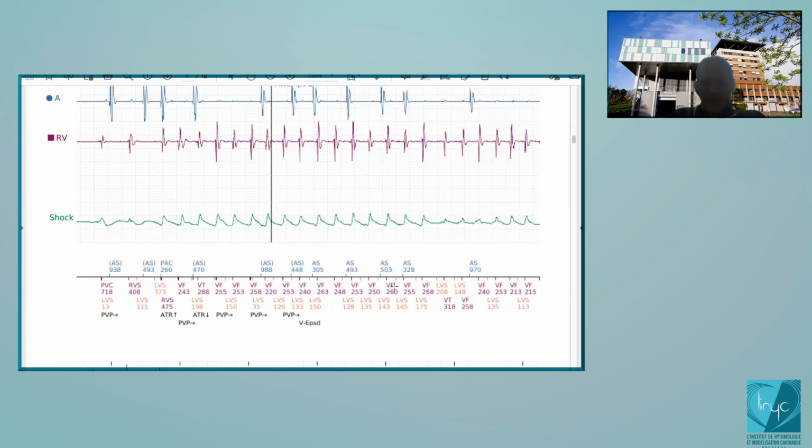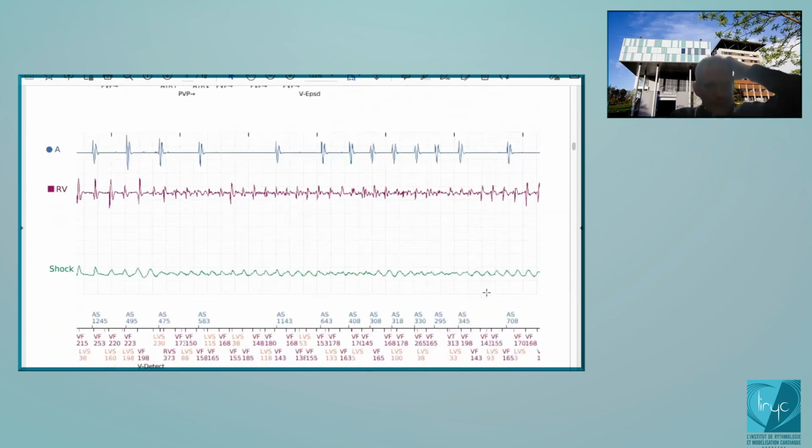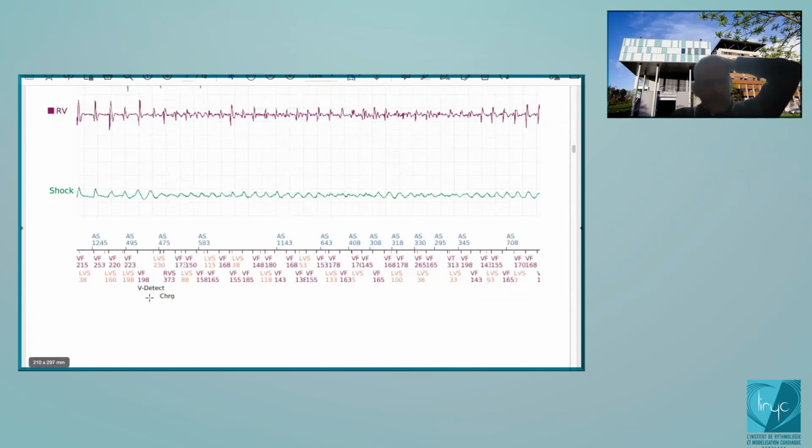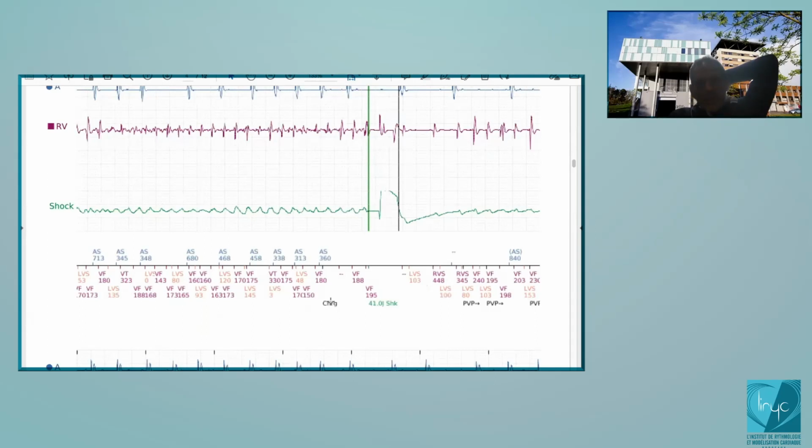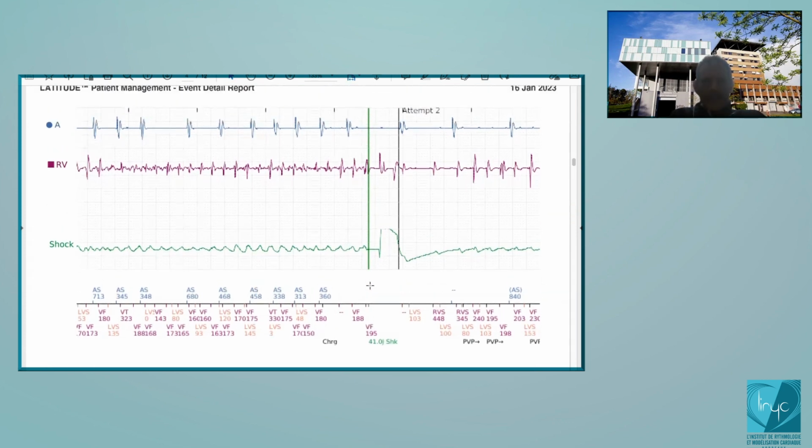So you will start here the initial duration for the VF zone. It's verified here. You will charge the capacitor, go to the end of the charge, first cycles, unclassified 1, 2. Now we have more than 500 milliseconds from the end of the charge and this cycle, so you can deliver on this one. Okay. So what do you think about the shock?